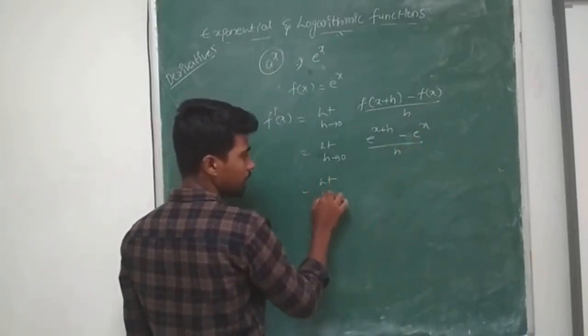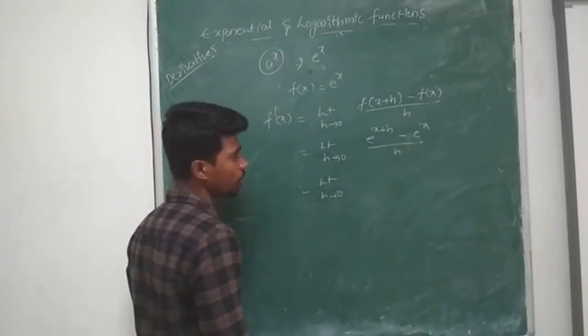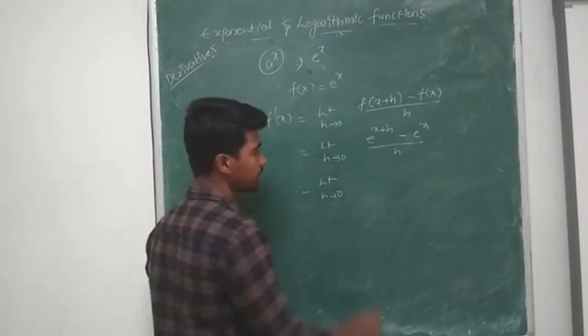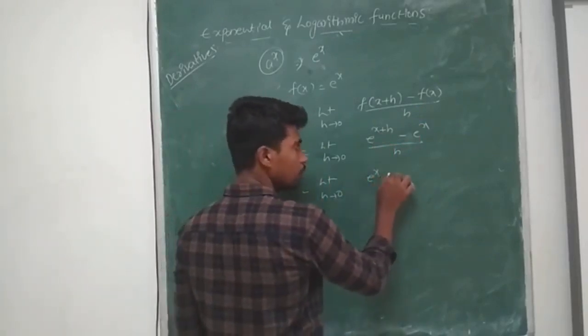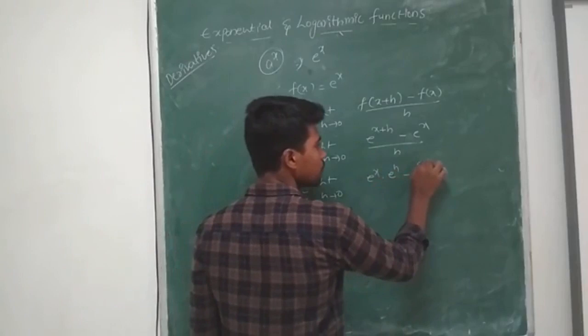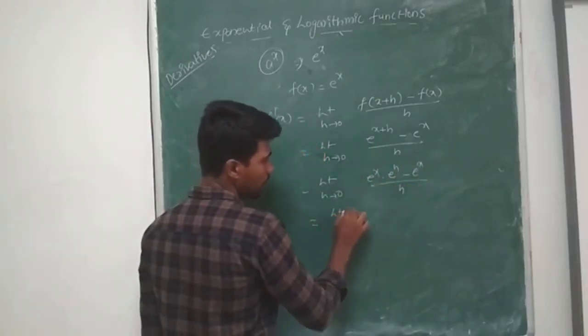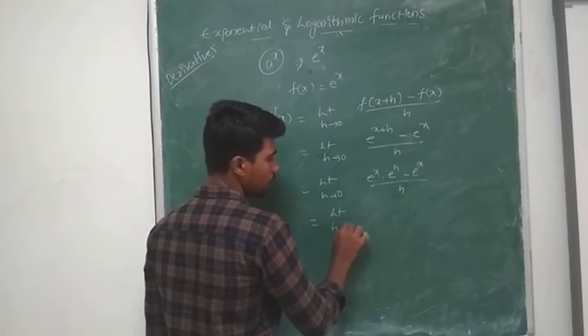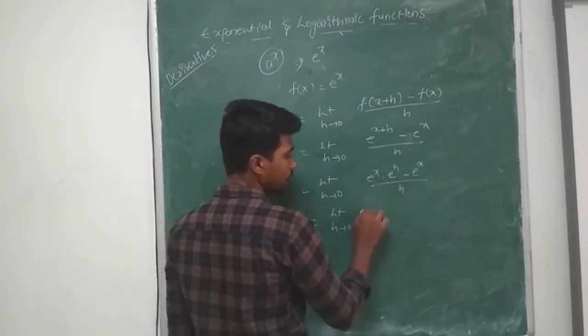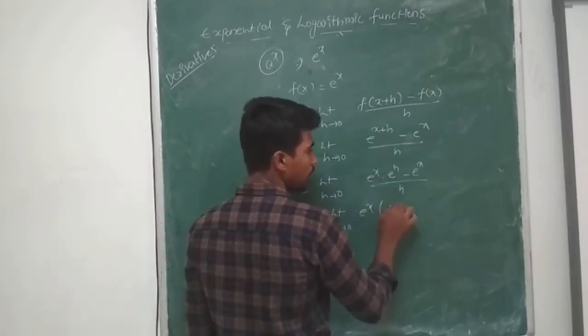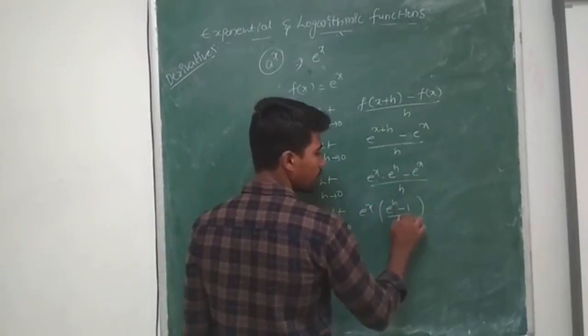Now limit h tending to 0, e power x plus h, how can I write it? E power x into e power h minus e power x by h. So this is equal to limit h tending to 0, I can take e power x common. I get e power h minus 1 by h.